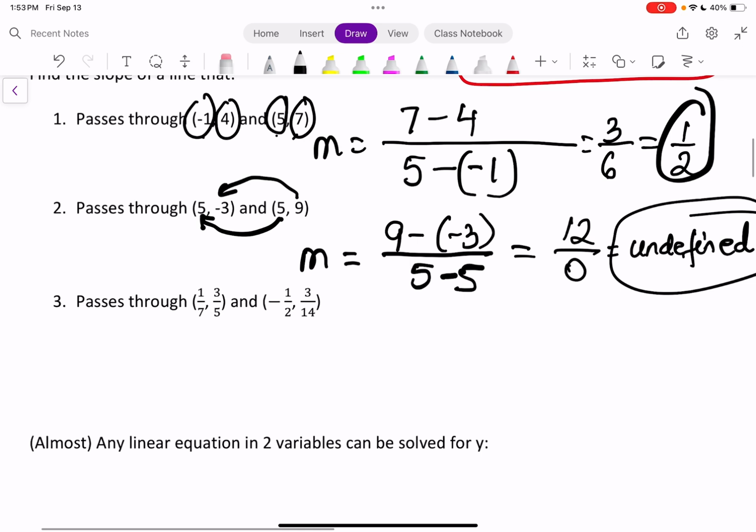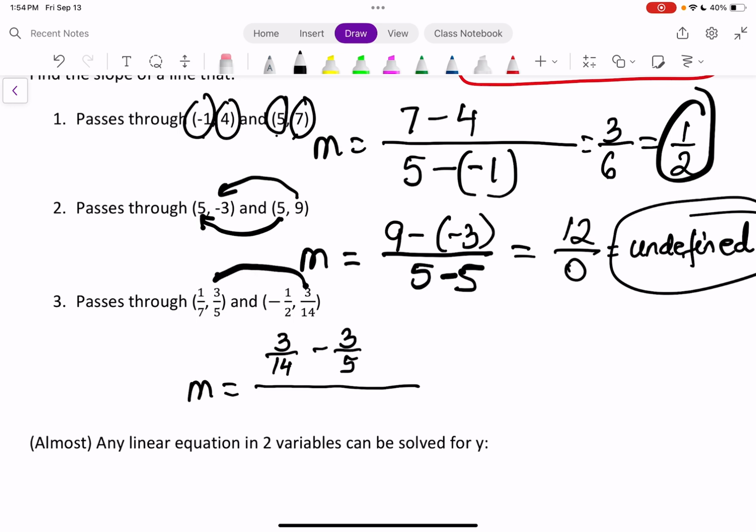So here's another one I'm giving you, pretty funny. I'm going to take 3 over 14 and subtract 3 over 5. And in the denominator, subtract the x's. And again, don't worry about a thing. Let your calculator figure it out.